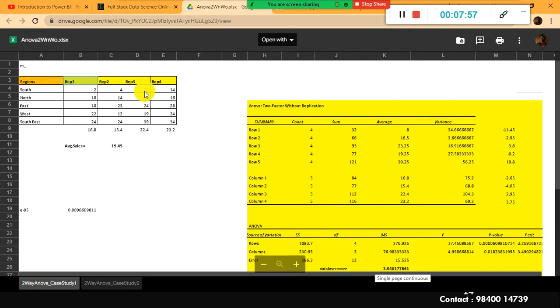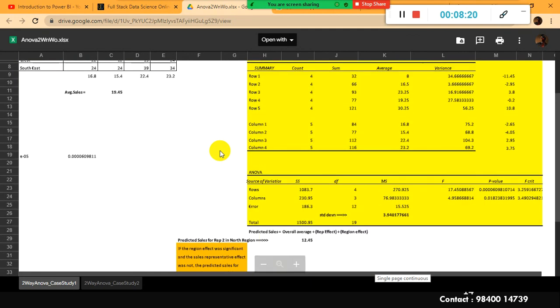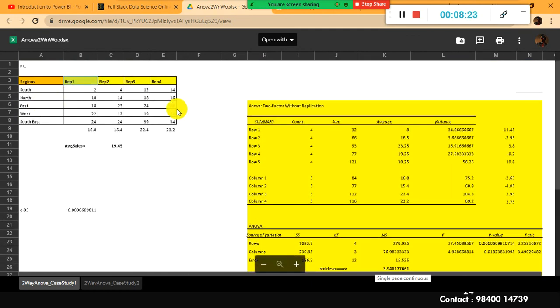We need to test whether region has an influence on the sales, whether salesperson has an influence on the sales, or whether region and salesperson both have any influence on the sales. That is what we are going to test here. The data were given: salesperson one in the south region sold 2 items, rep 2 sold 4, and so on.